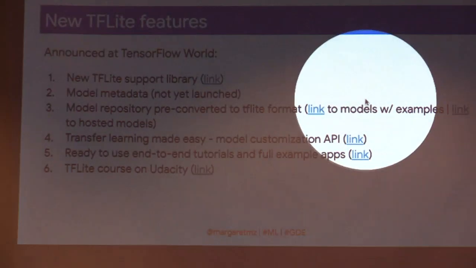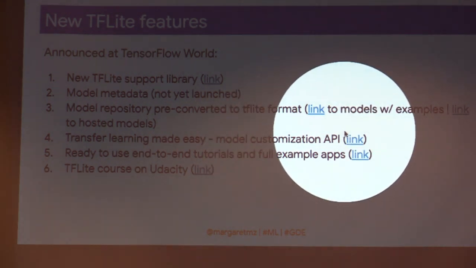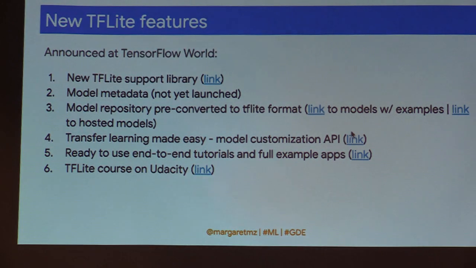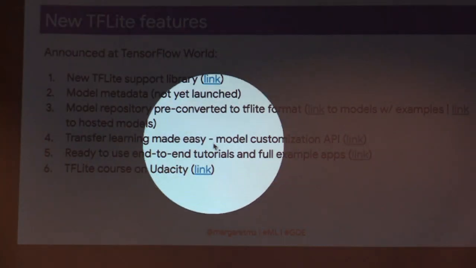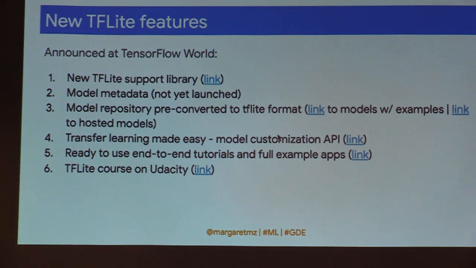And this one I find pretty interesting: the model customization API. I think this will be really interesting for people to try out, especially people who are not familiar with machine learning. I talked about AutoML, whether from Google or Microsoft or another company, where you feed in a couple of images and out comes a model.